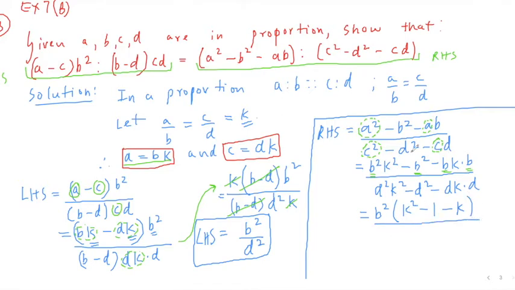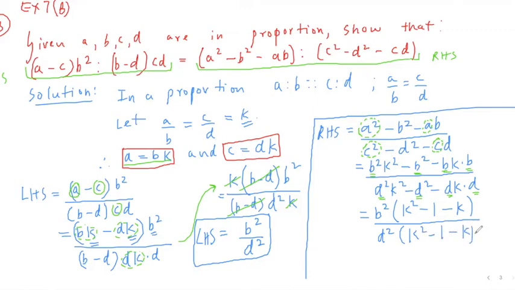Divided by, this time I'll take out d squared, since there's a d squared, and then this is also d squared. You can hear me clearly, right? So d squared is going to be factorized out. So k squared minus 1 minus k.